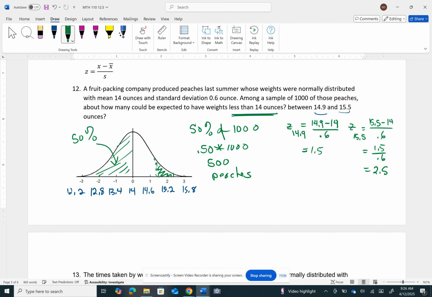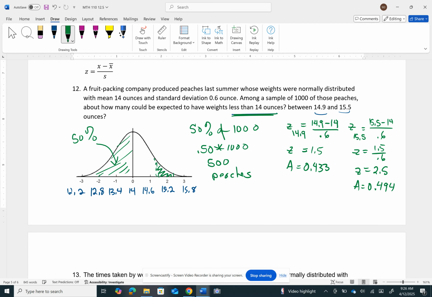Okay. Now let's go to the A, find the A that's associated with each of those z-scores. So these are z-scores. So I go to 1.5 and I see that the A that corresponds to that is 0.433. And from the table, the A that corresponds to this z-score is 0.494.